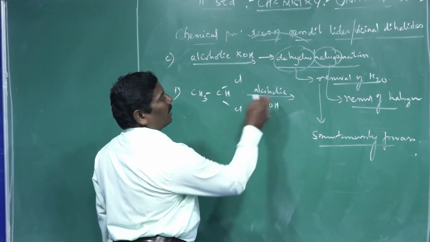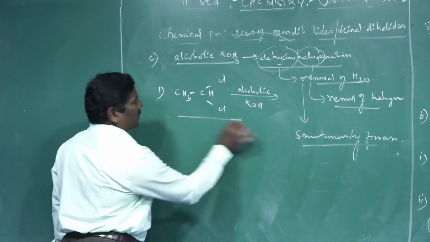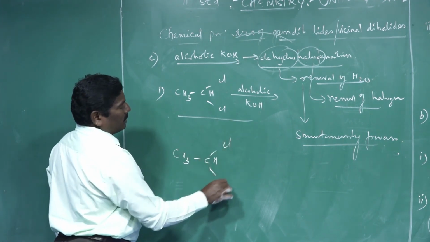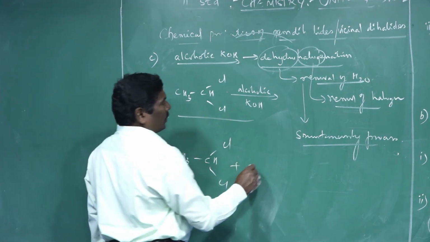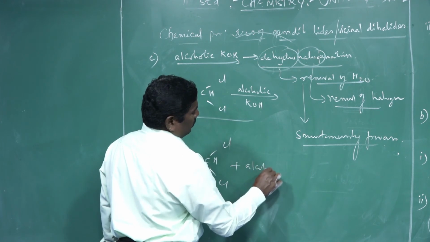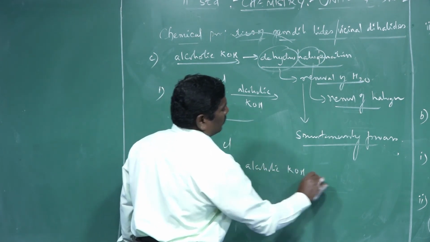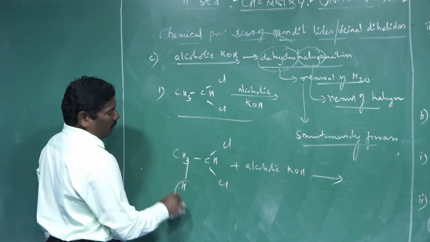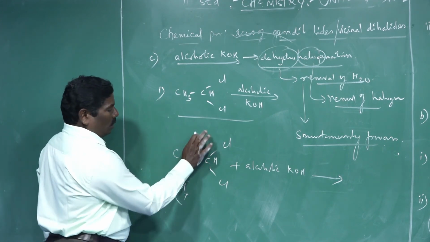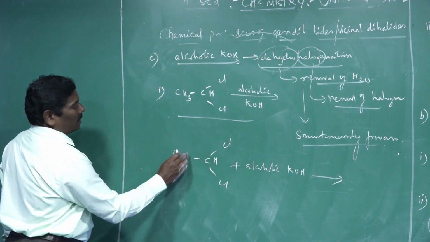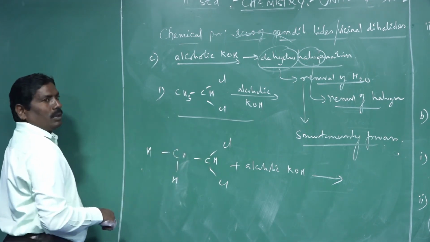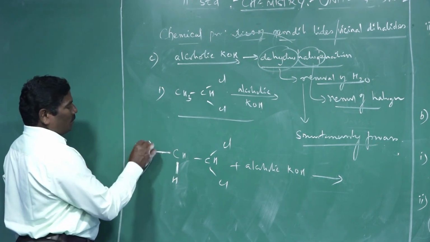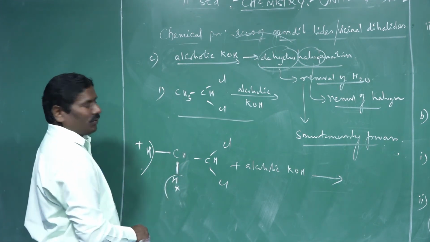Now you take this alcoholic KOH. I am giving this reaction separately. You write, you follow me: CH3CHCl2 plus alcoholic KOH. See here, this hydrogen forms H plus. Now I can write it in this form, H and H. This also can form H plus.